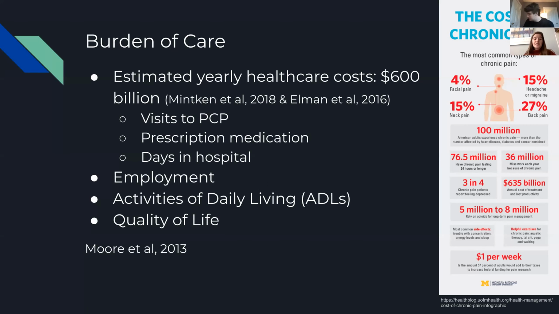A 2013 systematic review in Pain Practice Journal shows an average of 10 extra visits to the physician for episodes of care driven by severity of pain. They also found that people with chronic pain get prescribed 3 times more medication on average and have more days spent in the hospital than patients without chronic pain. This all leads to increased healthcare costs, with patients suffering from chronic pain paying at least 2.5 times more money for healthcare.